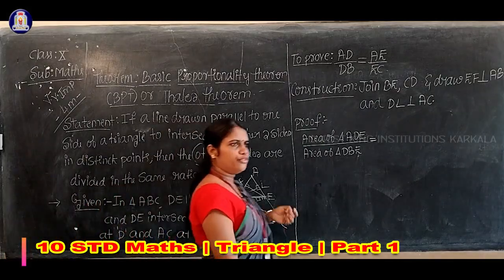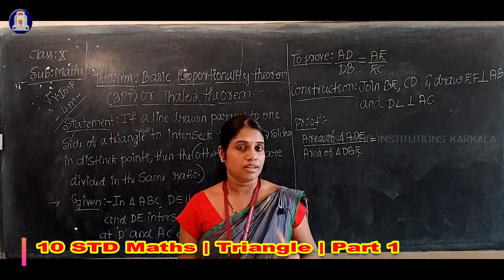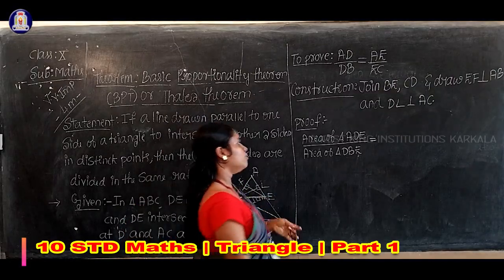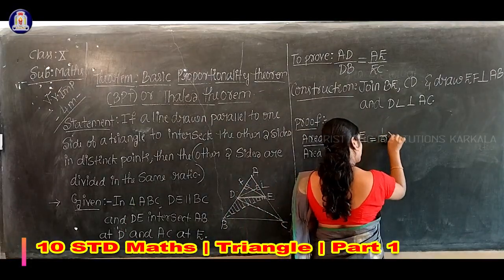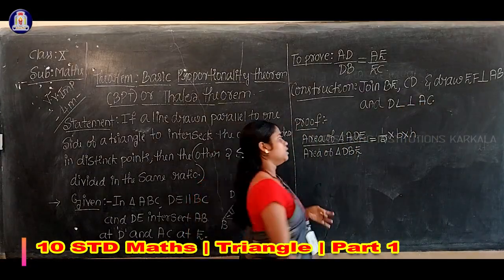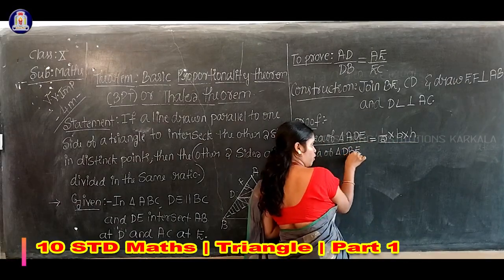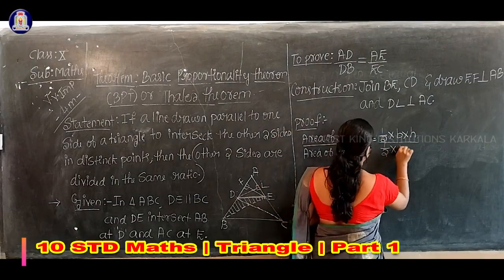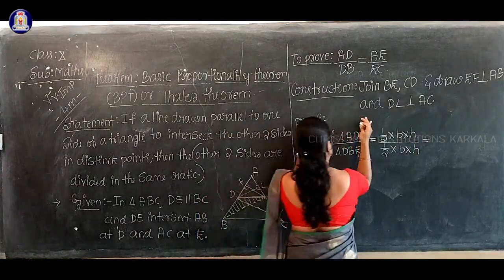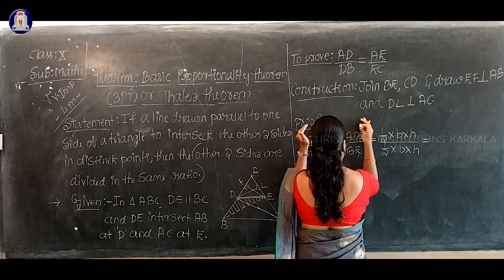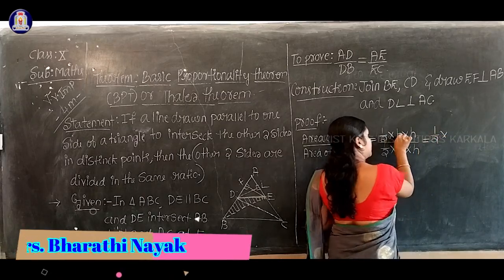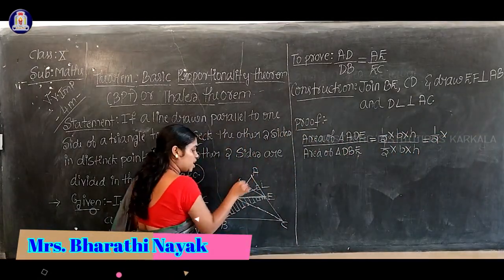Normally to find the area of a triangle, which formula will you use? Half into base into height, isn't it? We'll use that formula here, for this also the same formula: half into base into height. First we'll consider area of triangle ADE. Write this half as it is. What is the base for this triangle ADE?